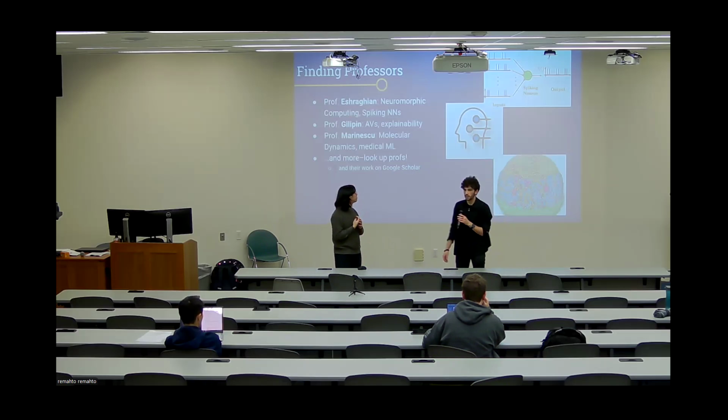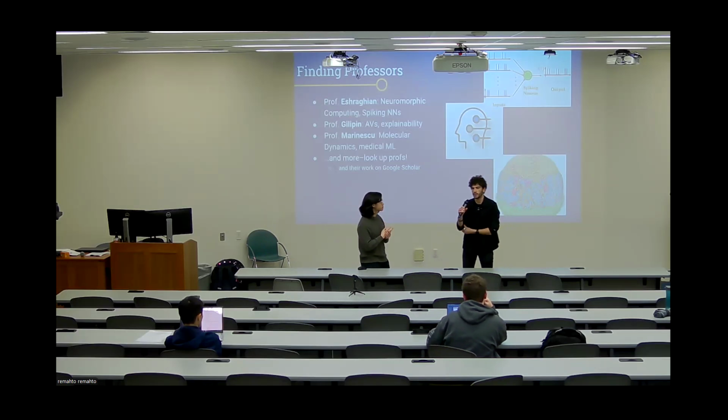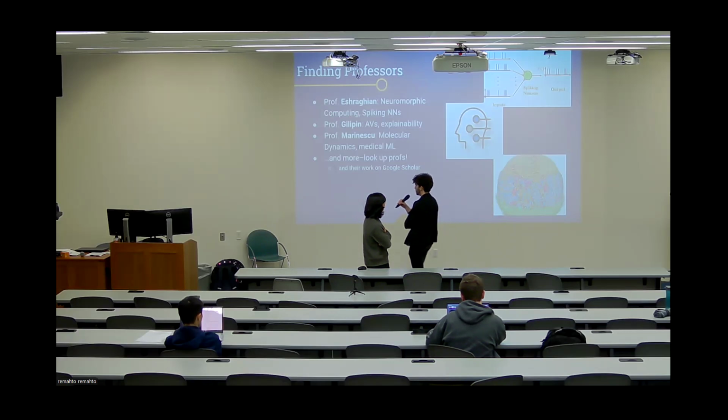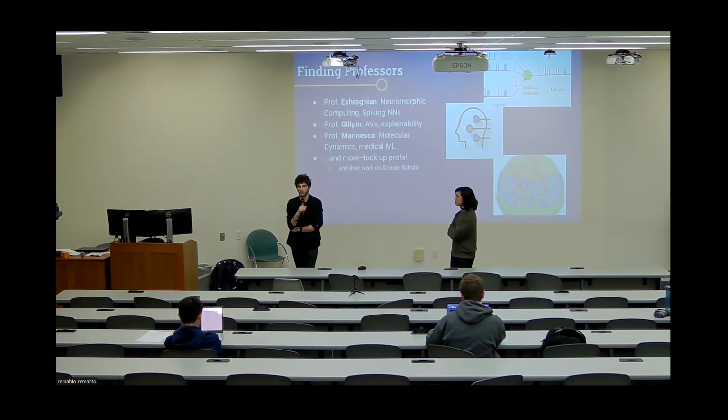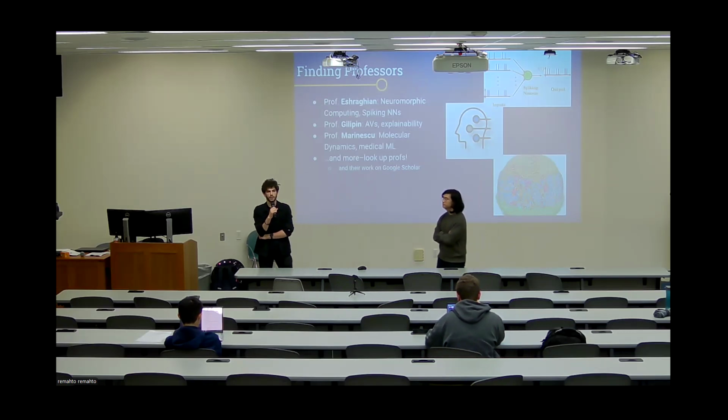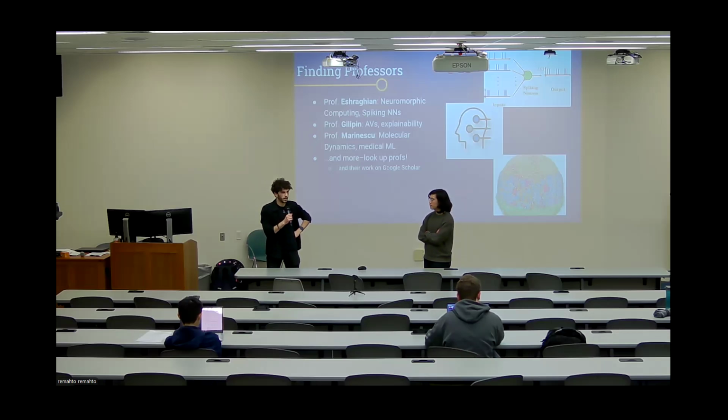A lot of this stuff, getting involved with research and talking with professors, will be a little difficult if you don't have any projects under your belt yet. When I say projects, I don't mean an end goal like publishing this or making a website. Some kind of neural network, some kind of AI thing, is usually good enough so that they can look at it and go, oh, you know what you're doing.